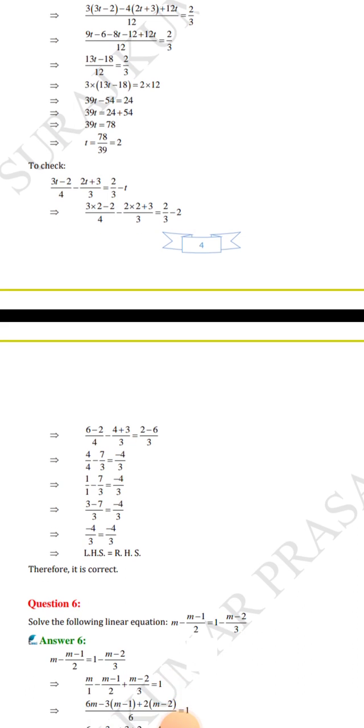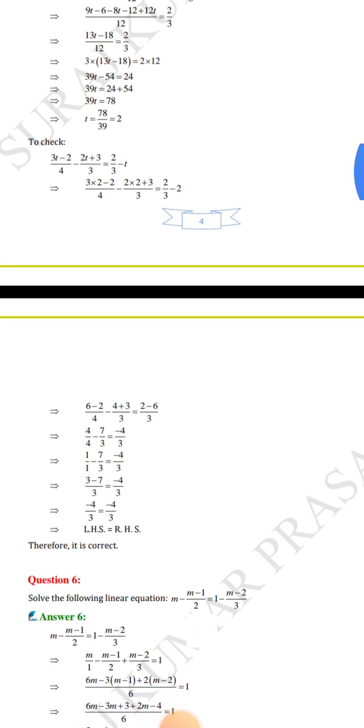To check, (3t minus 2)/4 minus (2t plus 3)/3 equals 2/3 minus t. We have to keep the value of t in the place of t. (3 into 2 minus 2)/4 minus (2 into 2 plus 3)/3 equals 2/3 minus 2.